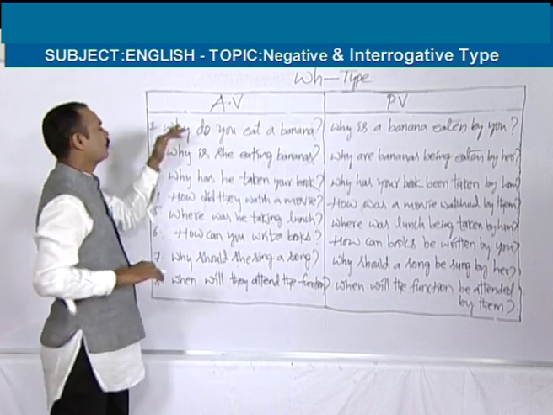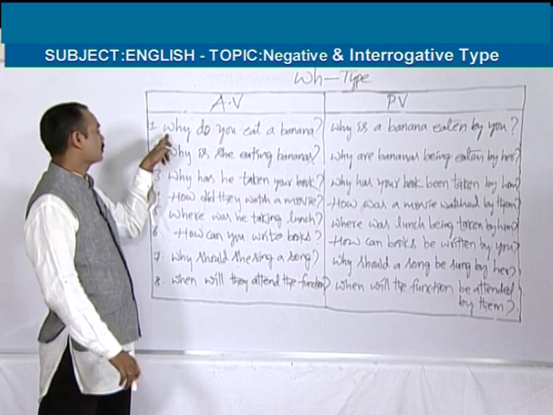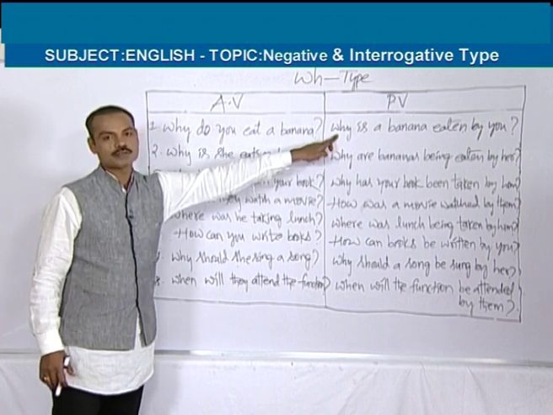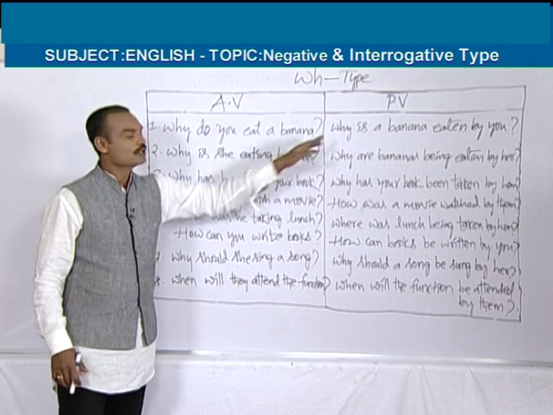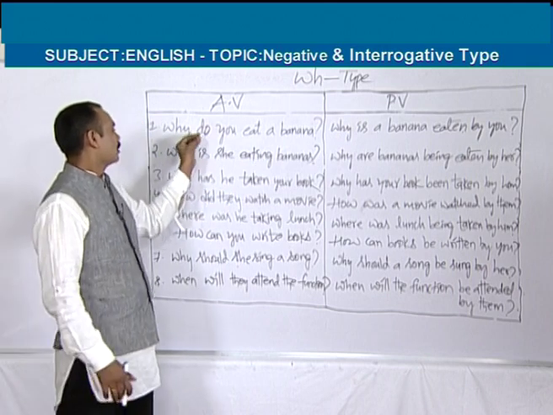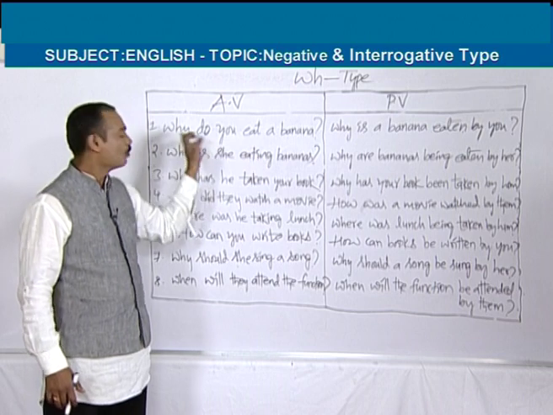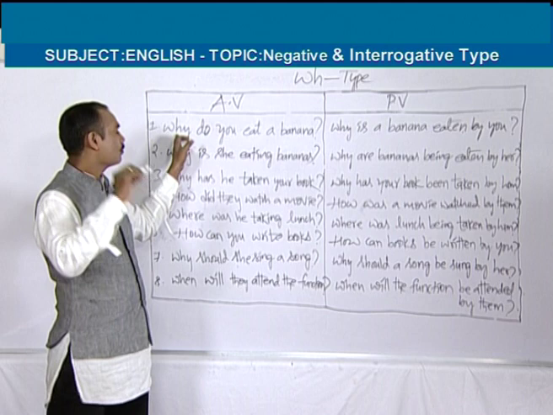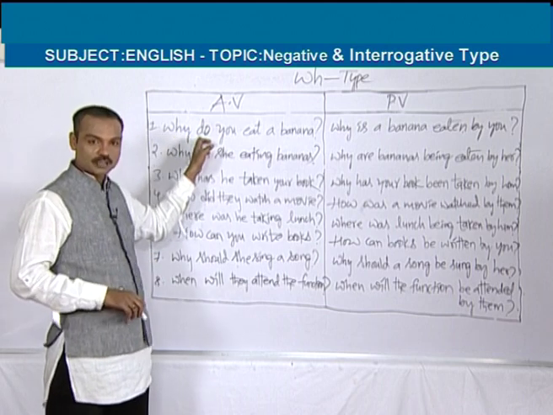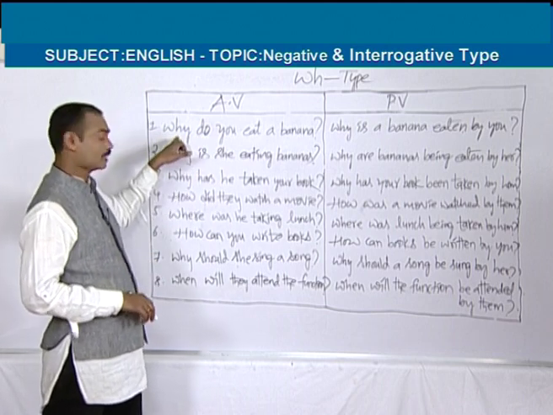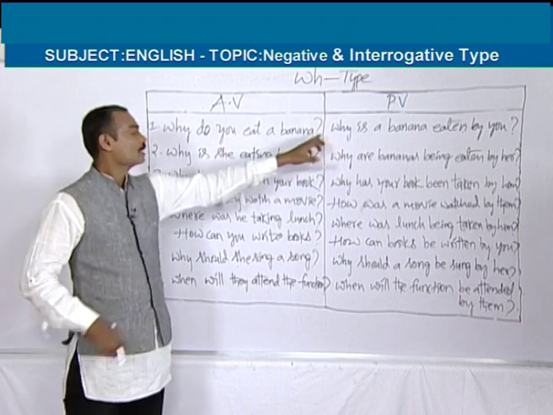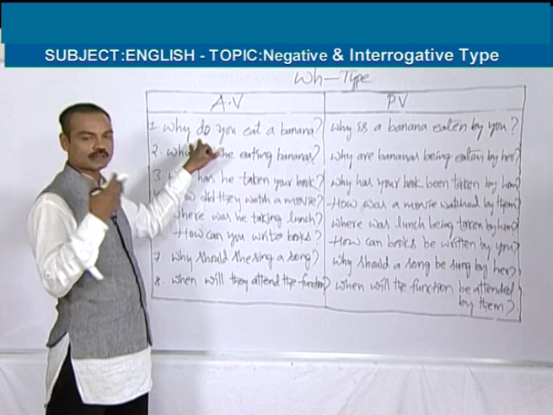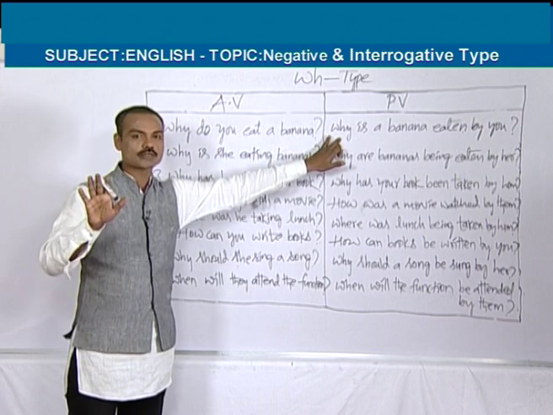So now, why do you eat a banana? Just one WH word is there. You can add the same WH word here. Why? So if the active voice starts with what or where or when or why or how, whatever the WH word is written in the beginning of the active voice, even the passive voice also should be started with the same WH word. If the active voice starts with what, the passive voice also should be started with what.